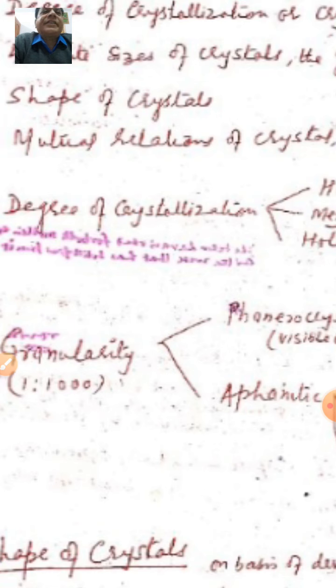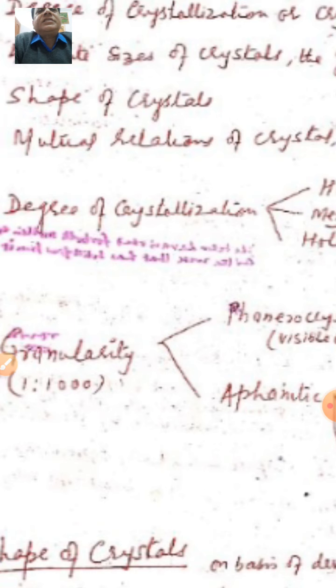Contrary to it, if a magma is crystallizing at a very slow rate of cooling, naturally there will be formation of crystals, and the whole magma has converted into a solid state forming crystals, and that will be called holocrystalline.